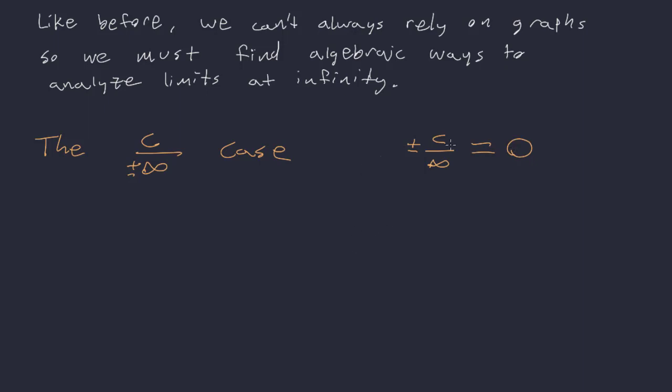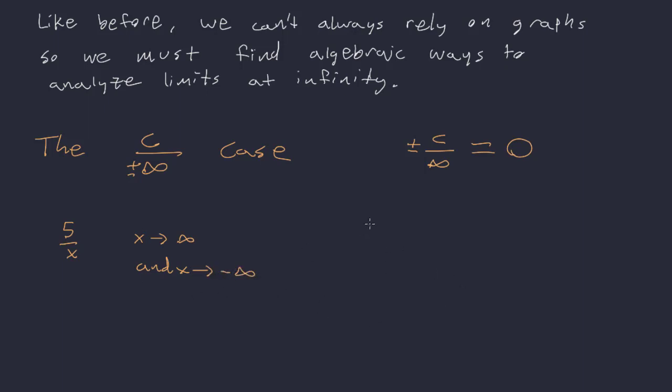Well, why would that be 0? Well, if we think about it, let's take something like 5 over x and think about it as x goes to infinity and x goes to negative infinity.